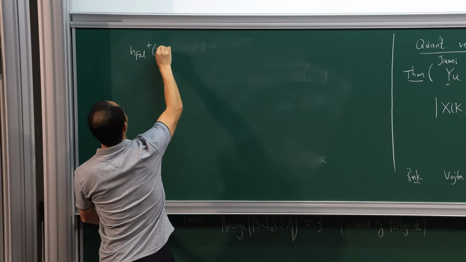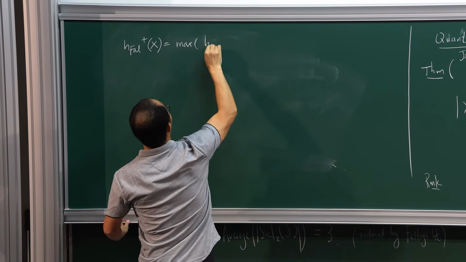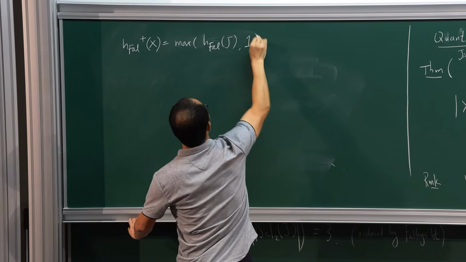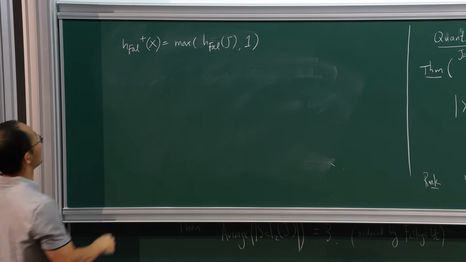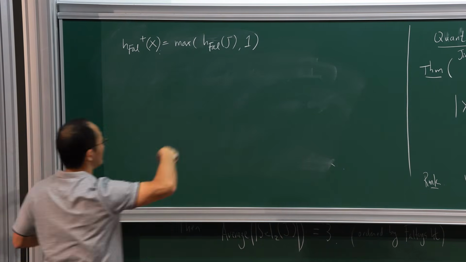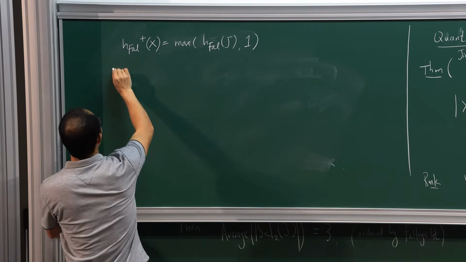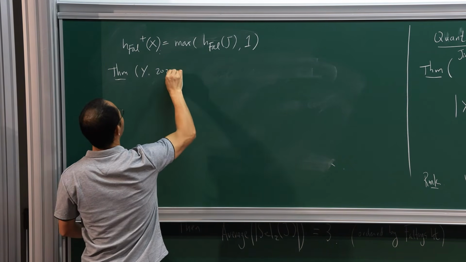I never explained this. So this is like the max of H, the Faltings height of the Jacobian, and 1. We make it greater than or equal to 1. So this Faltings height is just the usual Faltings height of abelian varieties. And then here's a little theorem that's also due to me.